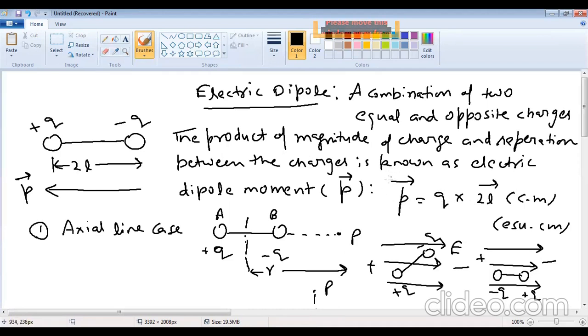Why are we using a vector quantity here? Because we recognize a particular quantity as a vector or a scalar only when we see how it behaves in the presence of some vector. If you have an electric field, which is a vector quantity, present somewhere, and you have this dipole lying there, how the dipole behaves will let you understand whether it is a scalar or a vector.